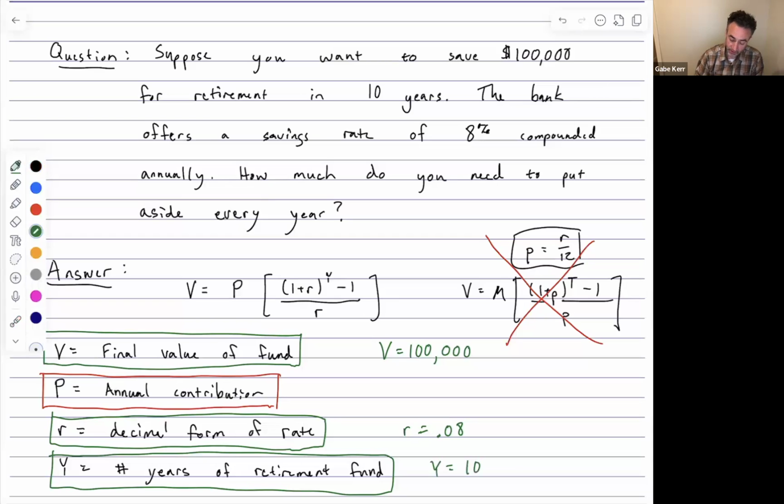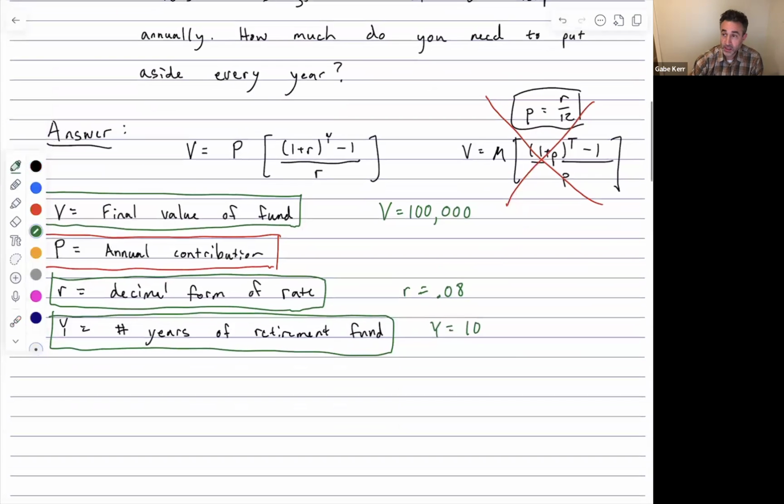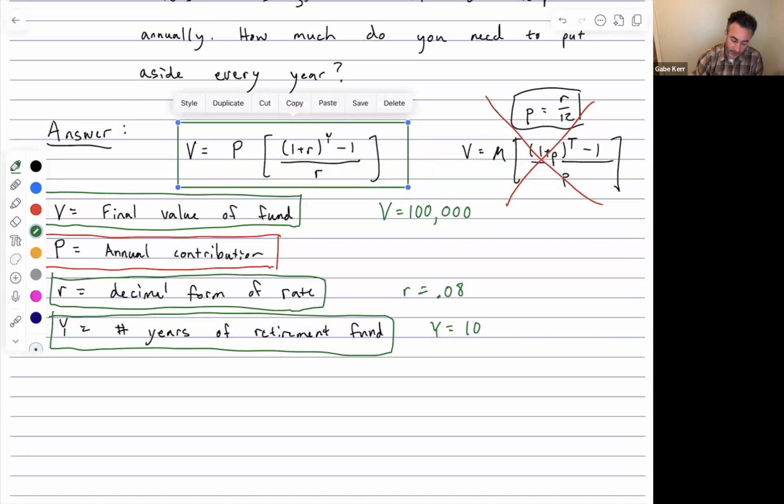So great. Out of the four quantities in this formula, we have three of them, and we want to determine the fourth. And so all you do at this stage is rewrite the equation given here, but put in the values that you have.